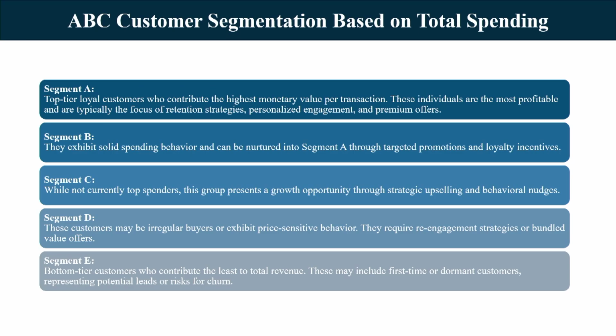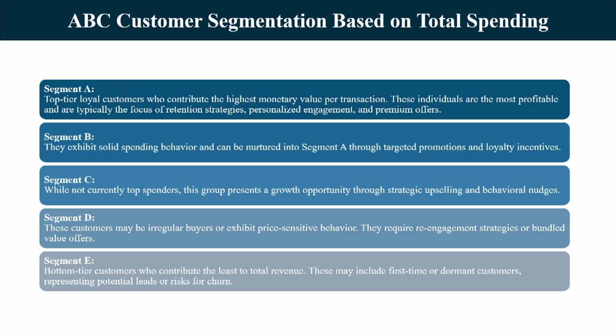In segment A are placed the top tier loyal customers with the highest monetary value, like in ABC, and the focus should be on retention with personalized engagement. We have to retain this category of customers, otherwise we will lose a lot of value for the business. Then comes segment B, which is the next 20% of the customers.